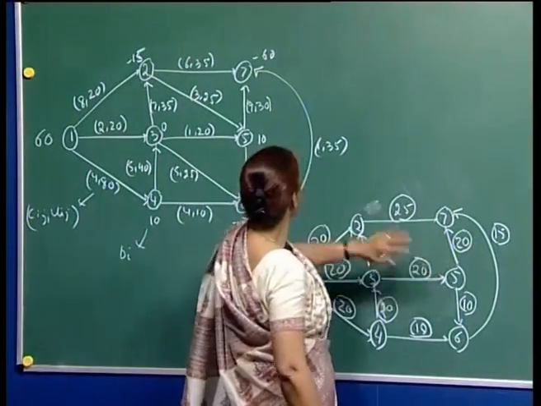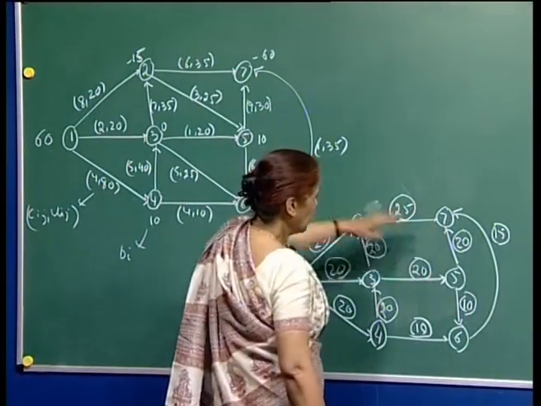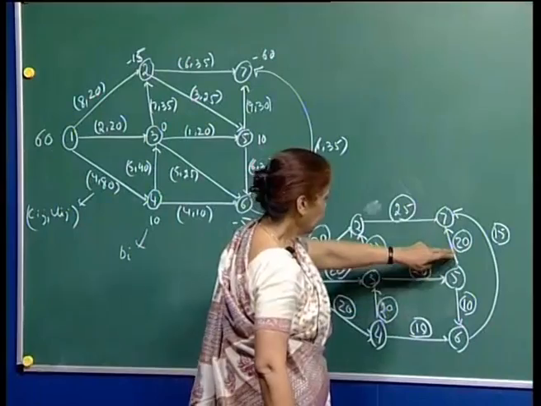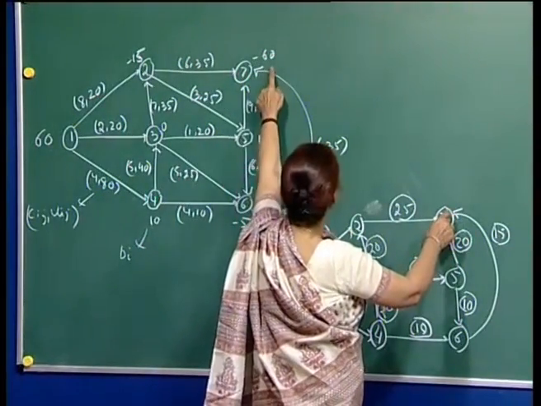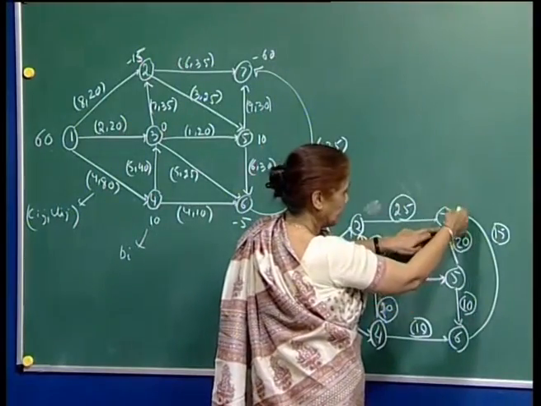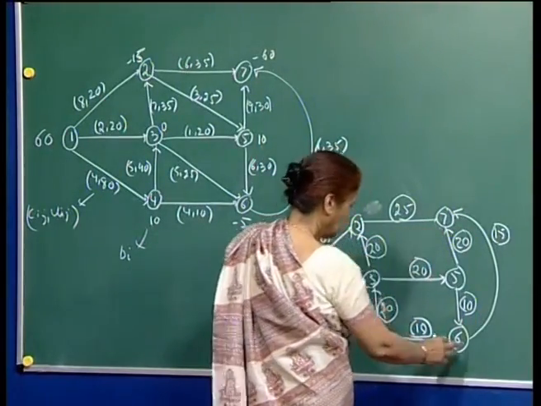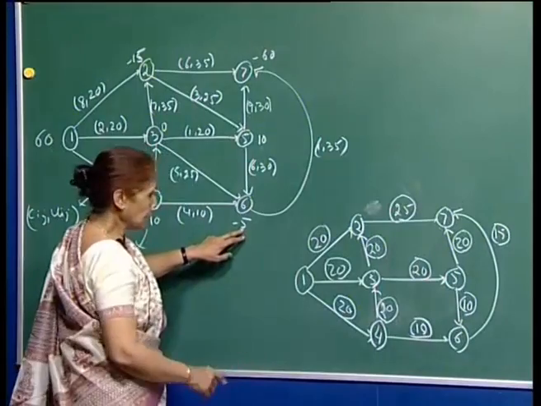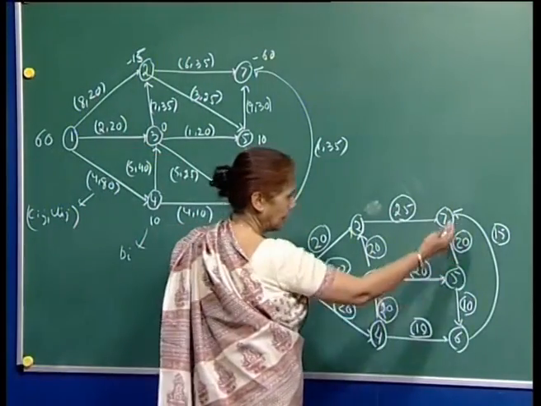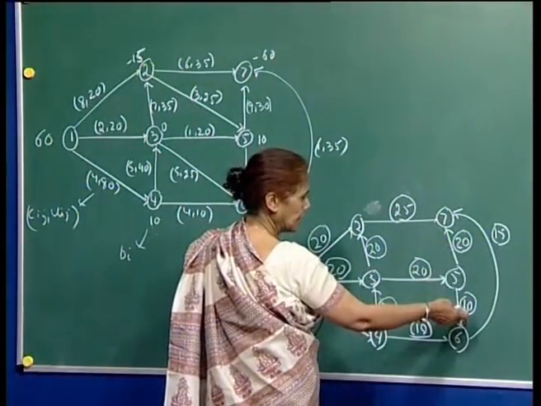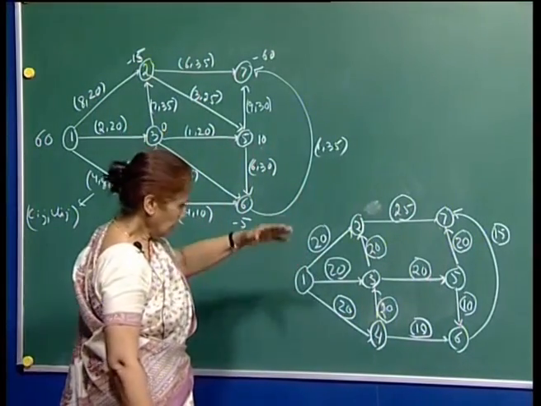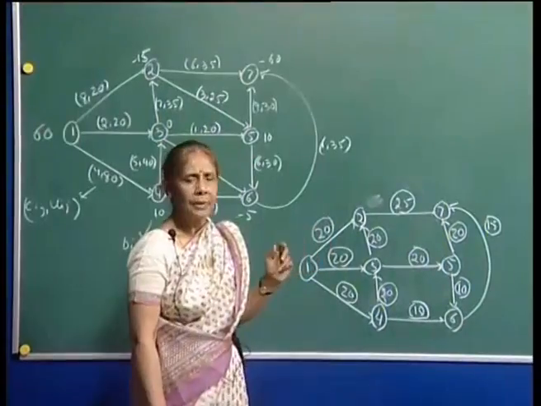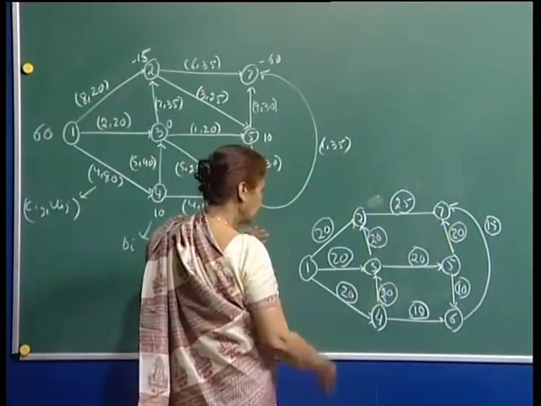Because the capacity here was 30, I could have sent all the 20 here and the 10 here, or 30 here, because the demand is 60, and then at node 6 the 5 units got absorbed. But anyway I chose to redistribute it, 20 and 10. There is another reason: I want to show you how to reduce this feasible solution to a basic feasible solution. Anyway, it does not matter.